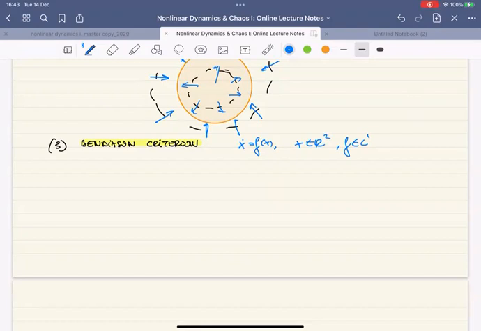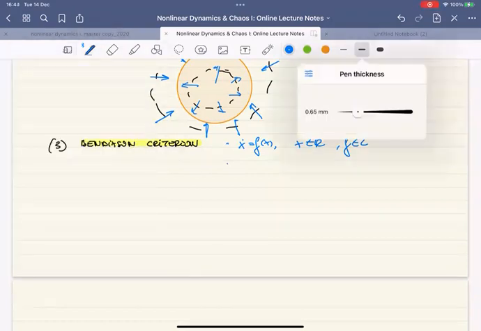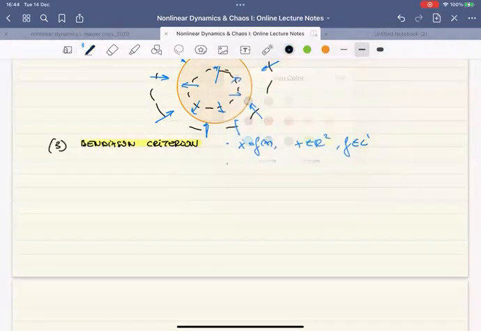Okay, and there's an assumption. That's the single assumption beyond the continuous differentiability.